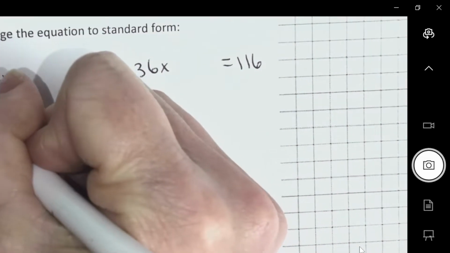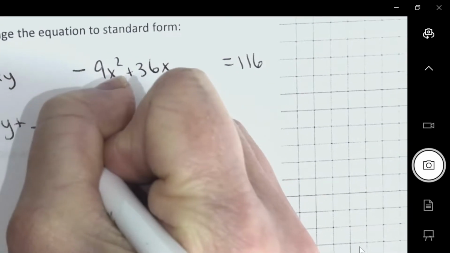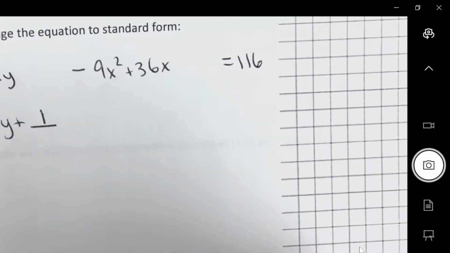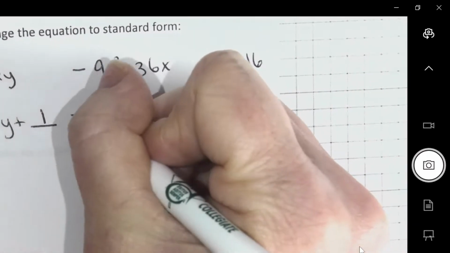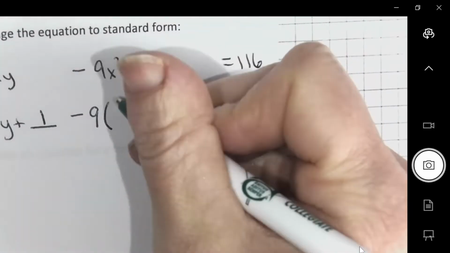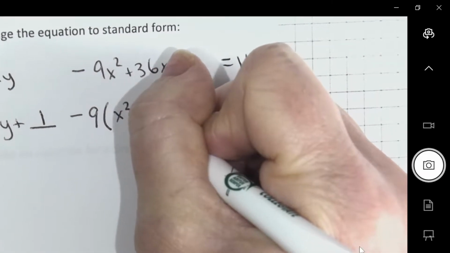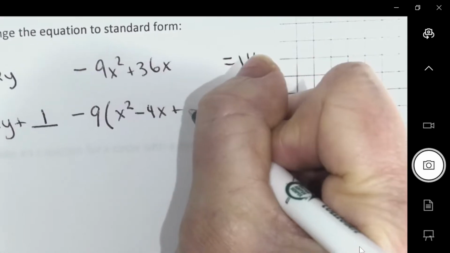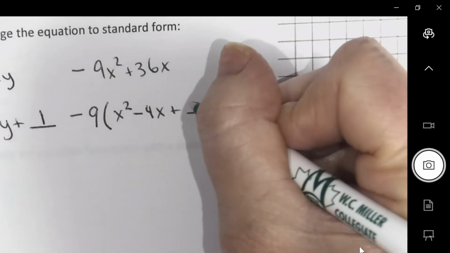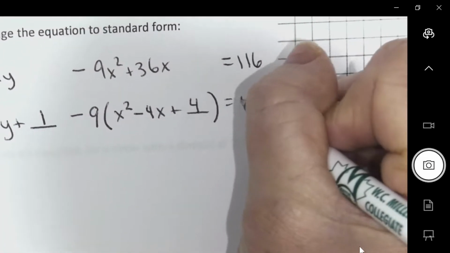So y squared plus 2y plus blank needs to be a 1. -9 comes out. So x squared minus 4x plus blank. And the blank would be a 4.